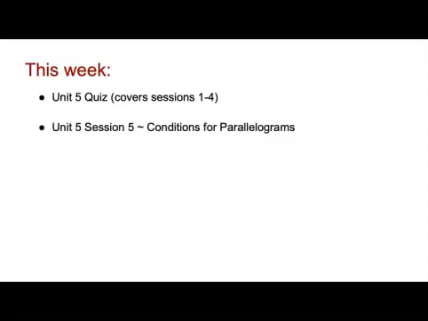And we learned all the different properties of parallelograms, such as opposite sides being parallel, opposite sides are congruent, opposite angles are congruent, consecutive angles are supplementary. So all those concepts will be on the Unit 5 quiz.